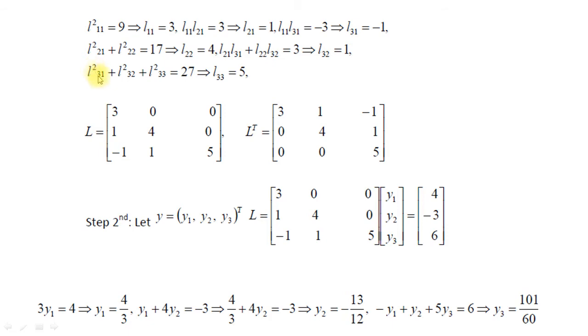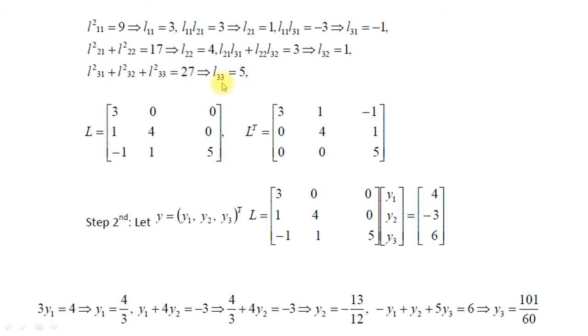And L31 square plus L32 square plus L33 square is equal to 27. Now putting the values of L31 and L32, we obtain L33 square is equal to 25, and taking the square root, L33 is equal to 5.